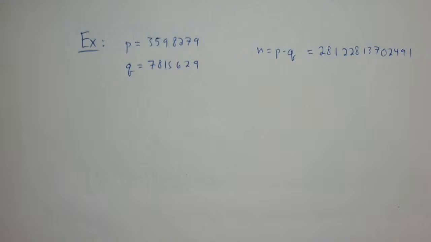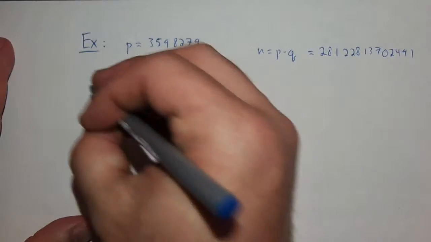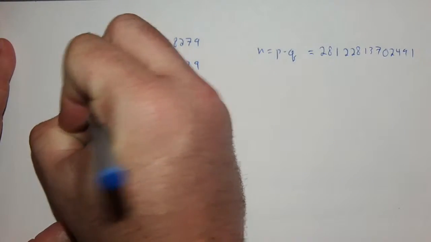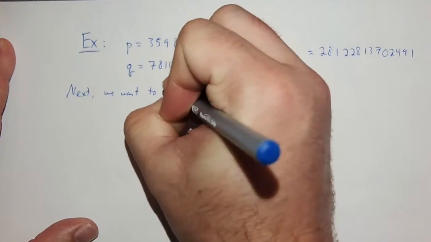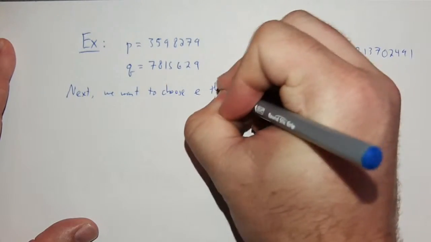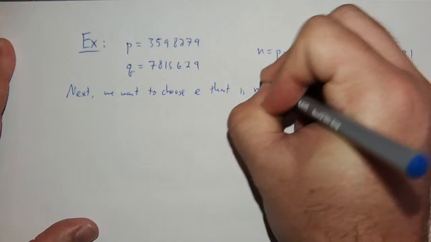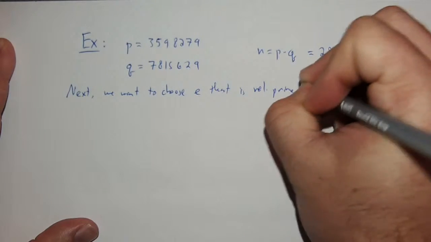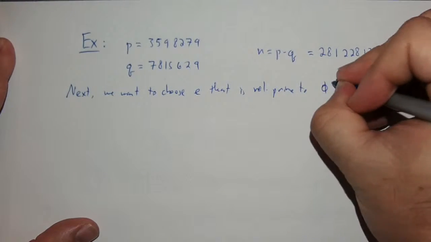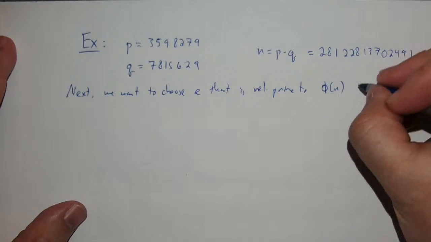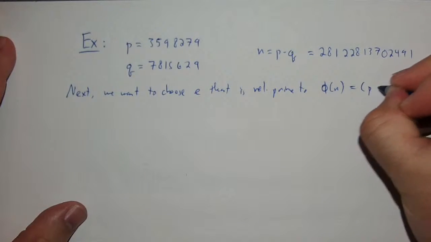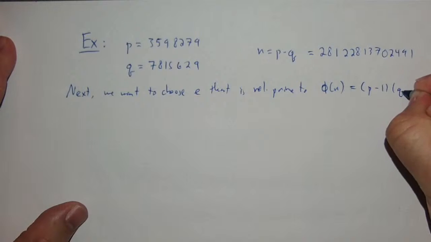Okay. So then next we want to choose E that is relatively prime to phi of n, which I'm not going to write out, but of course phi of n is just p minus 1 times q minus 1.